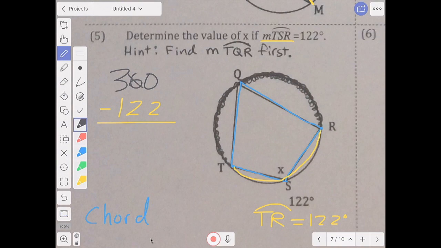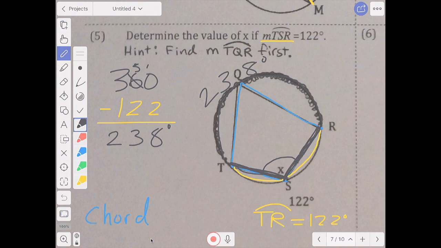So you can use a calculator for this or do it by old-fashioned arithmetic. So 238 degrees is this outside arc measurement right here. The angle inside here, which I'll highlight again in black, is going to be half of that black arc. So 238 divided by 2 would be 119 degrees.